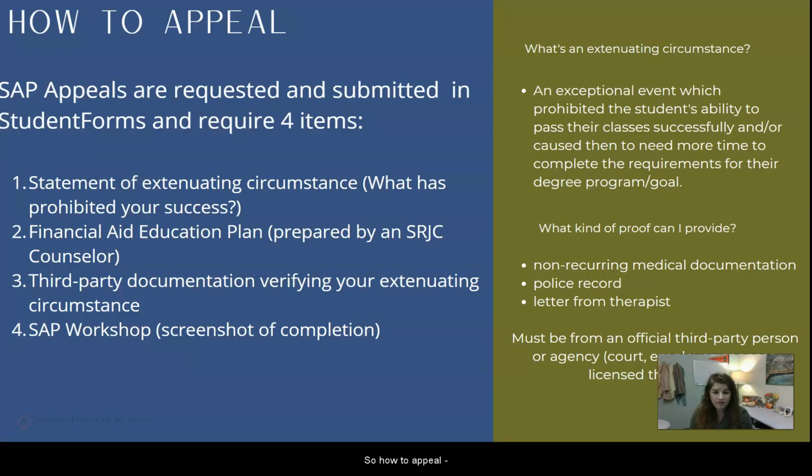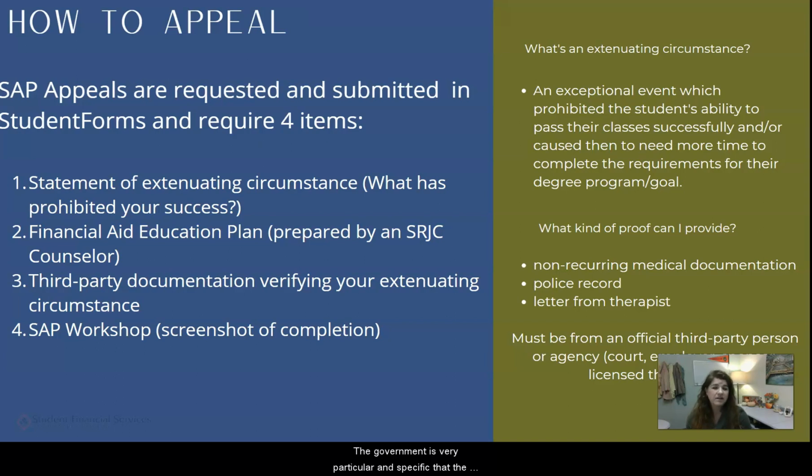So how to appeal? This is a bit of a process. Following the federal guidelines we have to adhere to, we are asking for several things. All of our appeals are submitted through Student Forms, which is our online secure document portal. And the four things that we ask for: first is a statement of your extenuating circumstance.